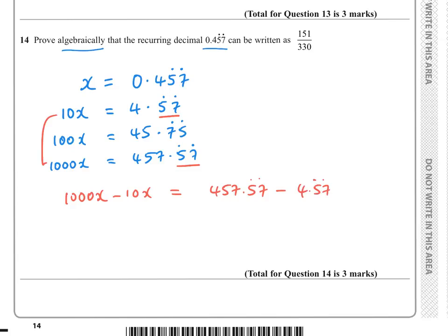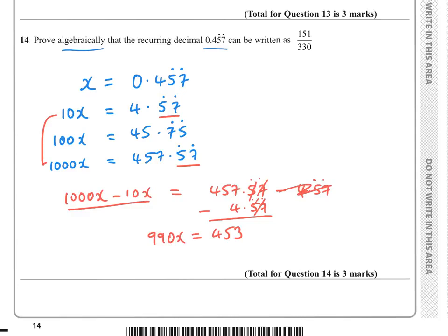Maybe it's better if I look at it this way. Well, you can see here that if I do that subtraction, then these parts cancel out, and I'm just left with 453. And it's easy to work out what 1000x minus 10x is. That's 990x.